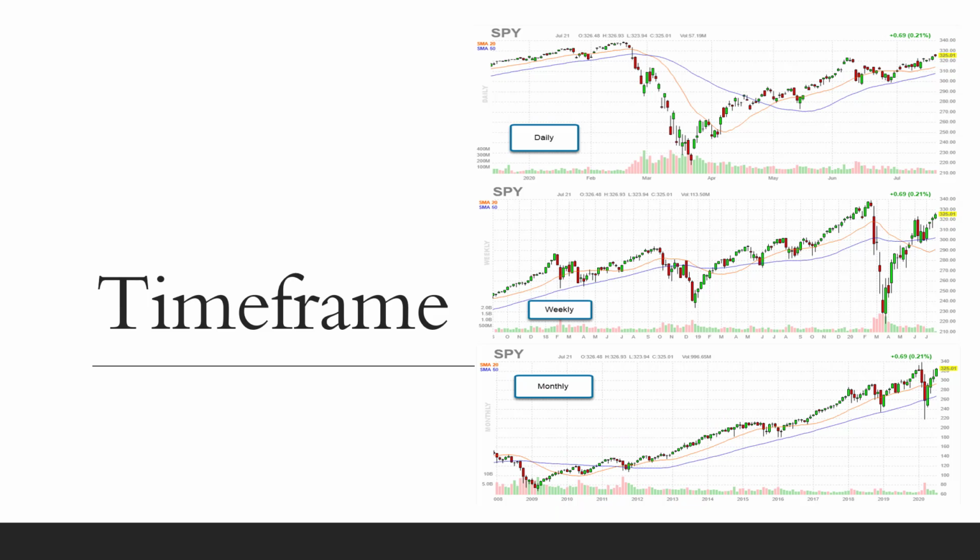I wanted to show this as far as time frame and how it works. Like this big drop right here in the weekly chart is actually this drop right there. You have several candles that show it, but it's actually 2 candles on the monthly chart. That's just something I wanted to show so you understand how time frame works.